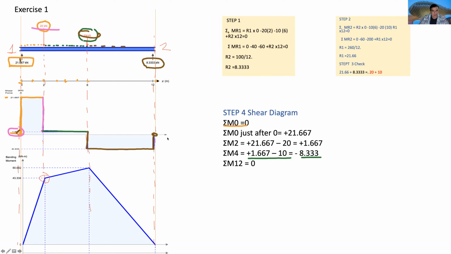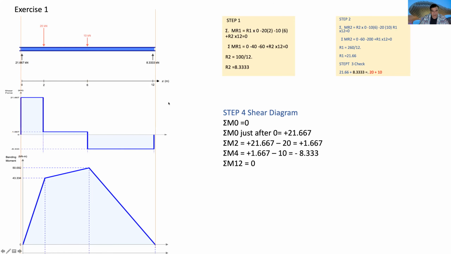If I don't close in 0, it's because I made a mistake. Let's try to make a mistake. Look, I am in 0, and I go down 21.67, and nothing happens. Mistake, this is pushing up. I am supposed to go up. Nothing happens, and I go down 20.